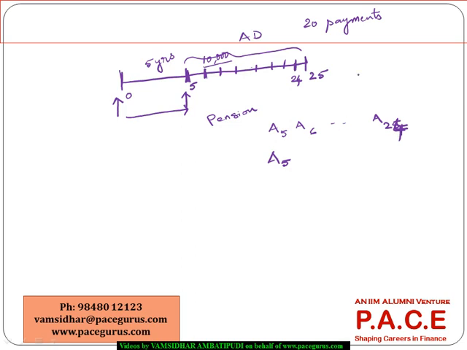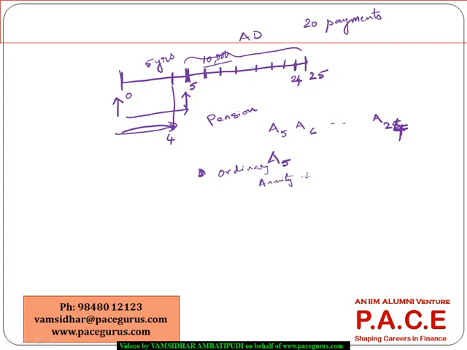So probably in this case, if I have shifted myself not here but up to here only, 4 years from now, what is happening here? It looks as if the next payment is coming at the end of 1 more year, which means it looks as if it's an ordinary annuity of 20 years. Correct? So depending on where I am shifting on the timeline, I can treat it either as an ordinary annuity or as an annuity due.